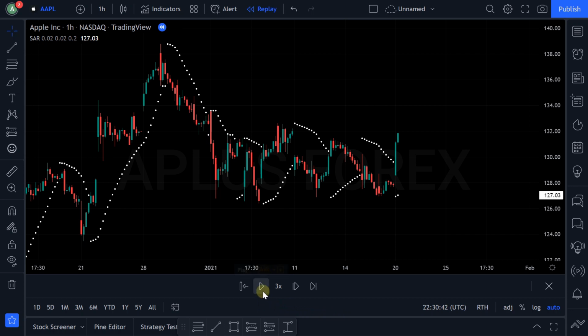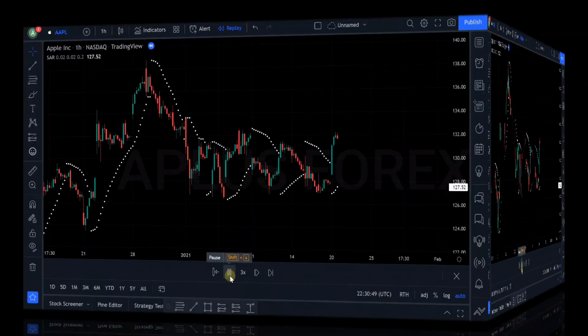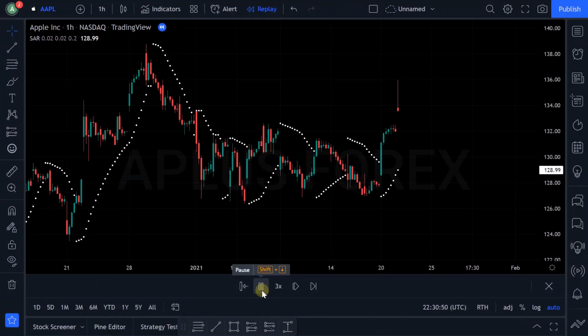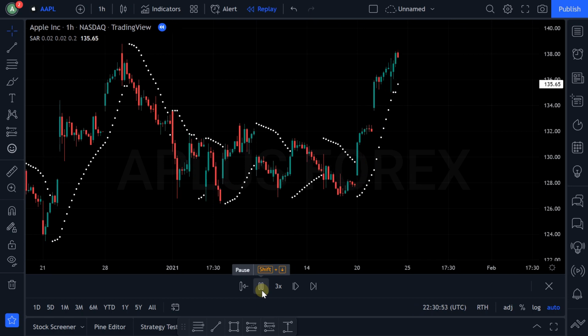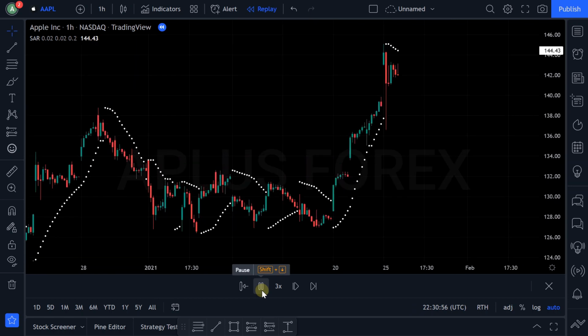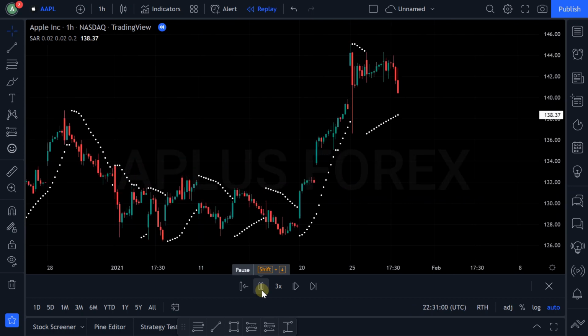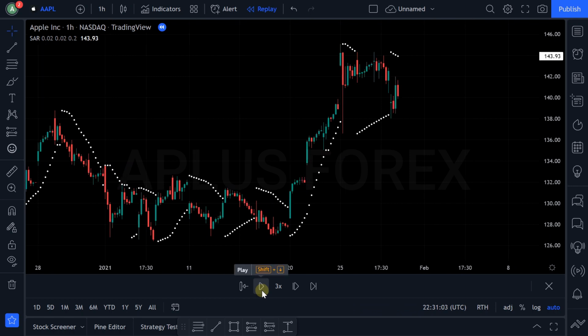For example, if the dots are above the price, a flip below the price could indicate a price increase. As the price of a security rises, so will the dots, first slowly, then quickly picking up speed and accelerating with the trend. As the trend develops, the parabolic SAR begins to move faster and the dots quickly catch up to the price.